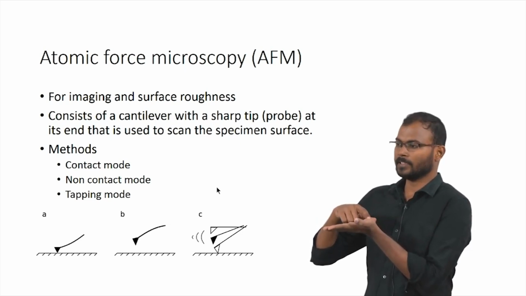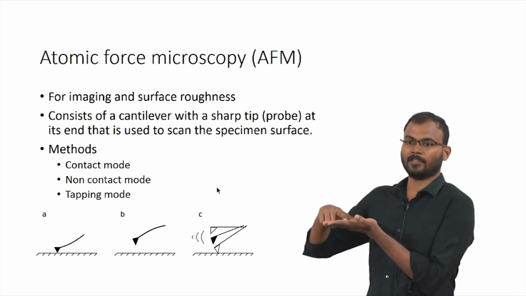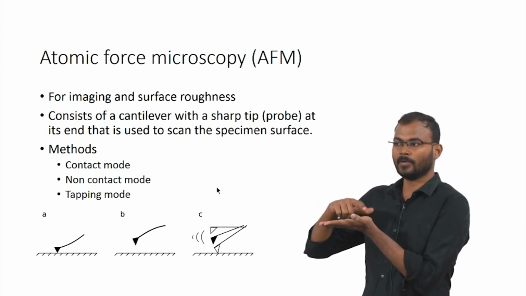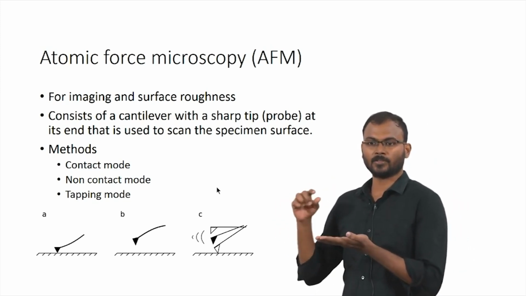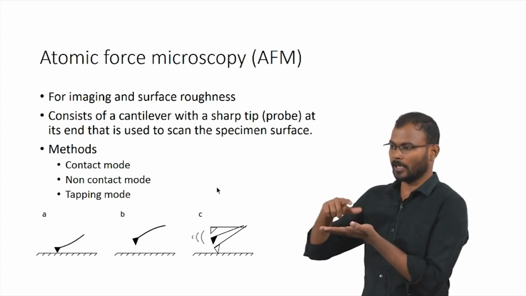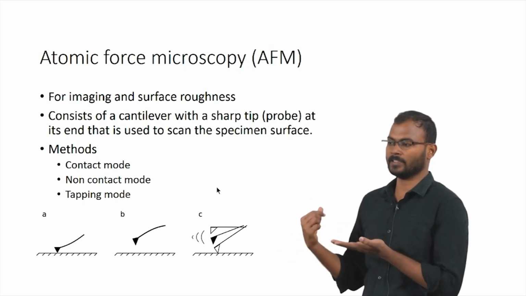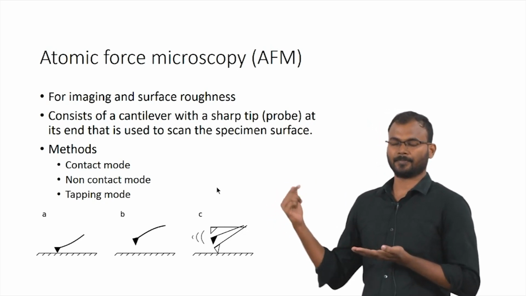If the surface is flat, the cantilever moves along it without any vertical movement, so the voltage difference is constant and it gives a flat image. If you have a rough surface, it moves up and down, and that voltage difference is detected by the detector and gives the rough surface image.